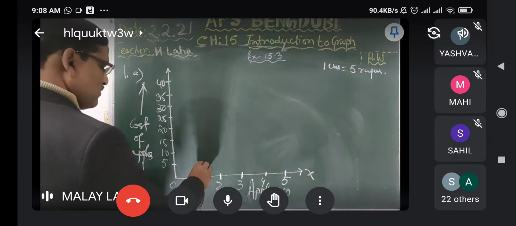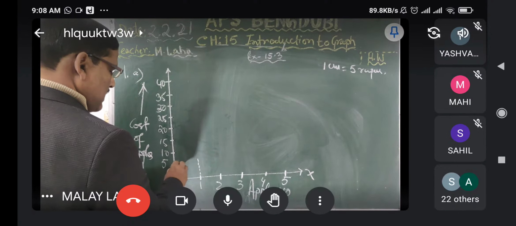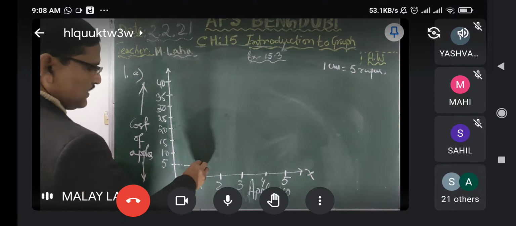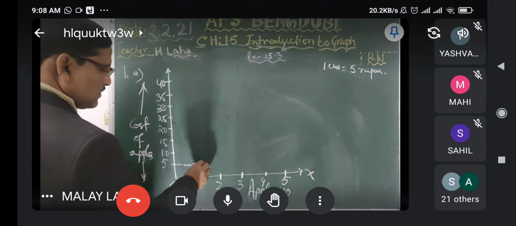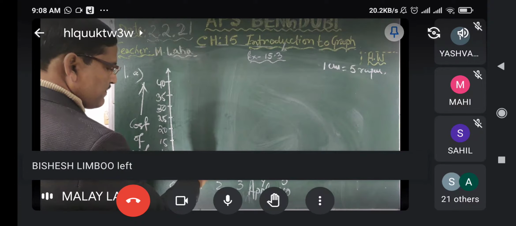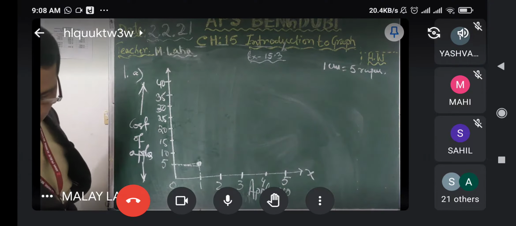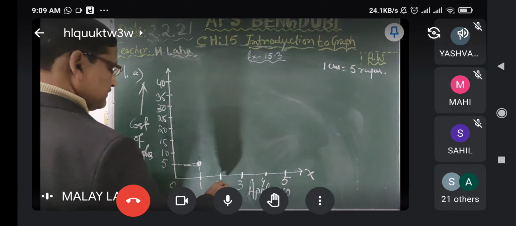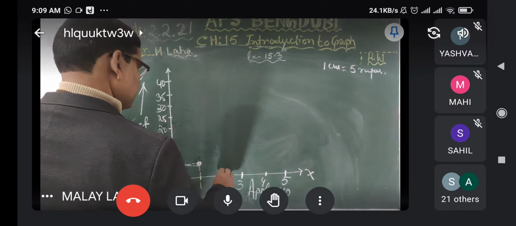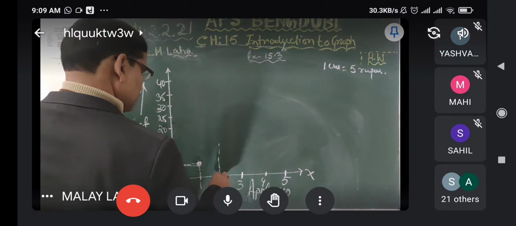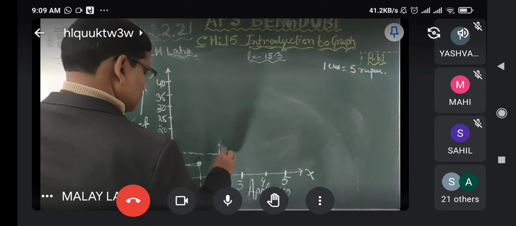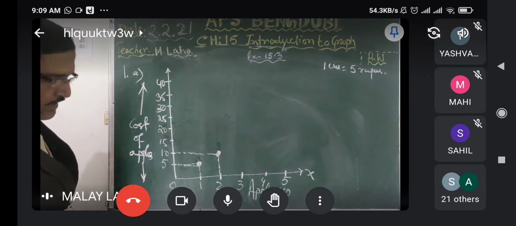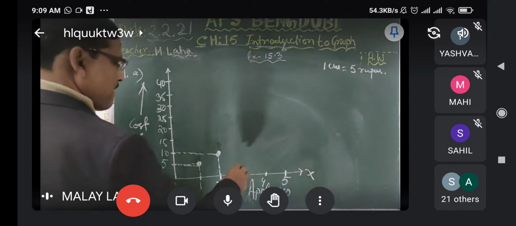The vertical and horizontal lines meet here, and this will be the position of 1 apple, 5 rupees. Make a bold point. 2 apples, 10 rupees. They intersect here. Make a bold point. 3 apples, 15.